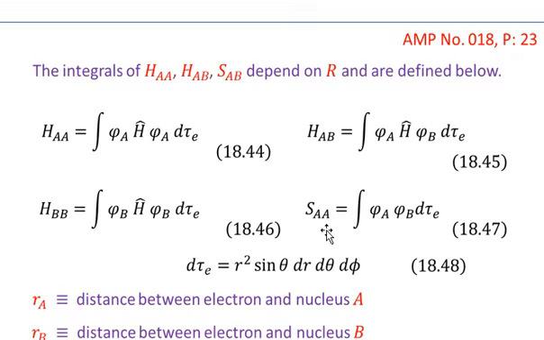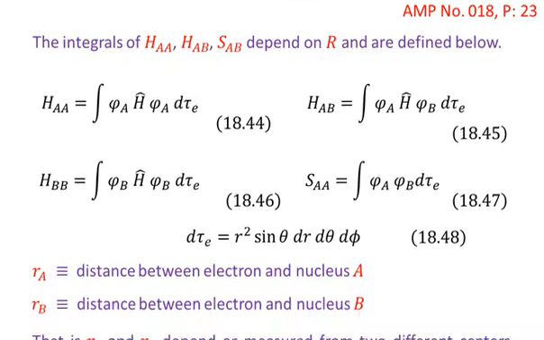And here it is SAB, not SAA, which is equal to the integral of phi A into phi B, and integration is with respect to d tau e, where d tau e in the spherical coordinate system is equal to r square sine theta dr d theta d phi. And you know that in the first lecture I have already defined r, theta, and phi there.